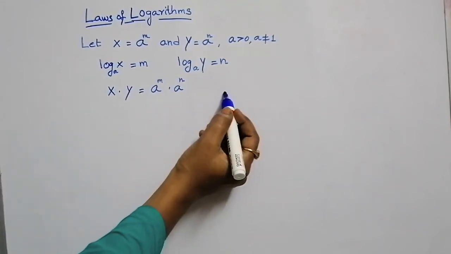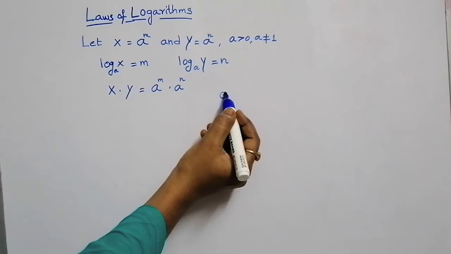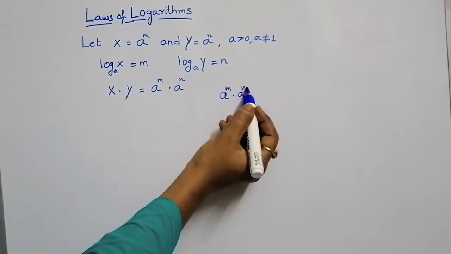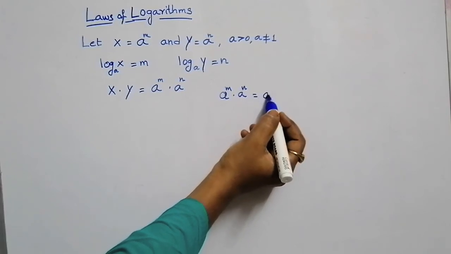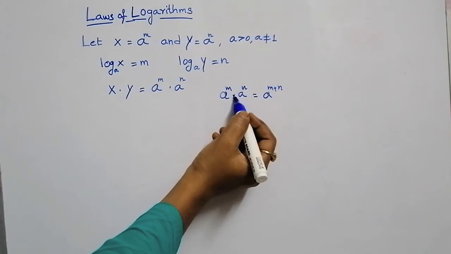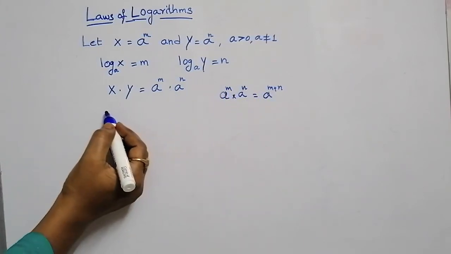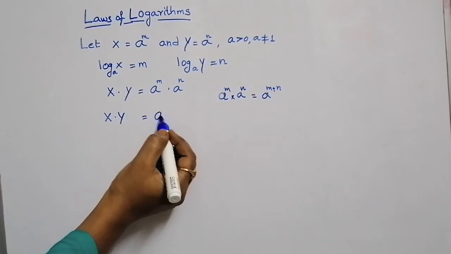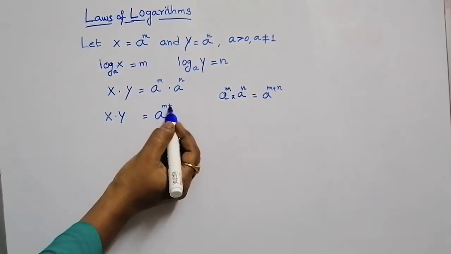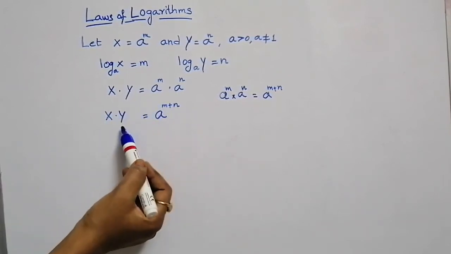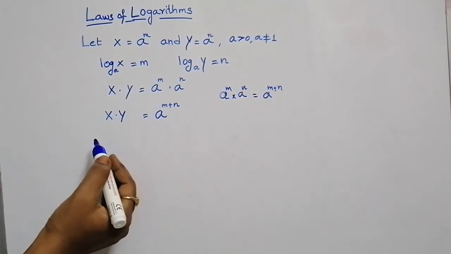We already know the first exponential law, that is a power m into a power n is equal to a power m plus n. Let us apply this here. So we have x into y is equal to a power m plus n. Now this is in exponential form. Let us convert this into logarithmic form.